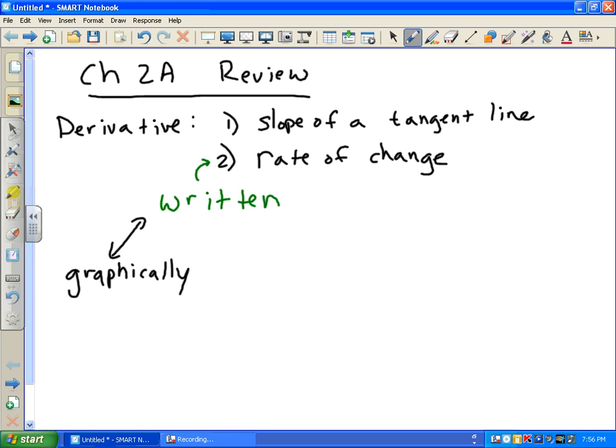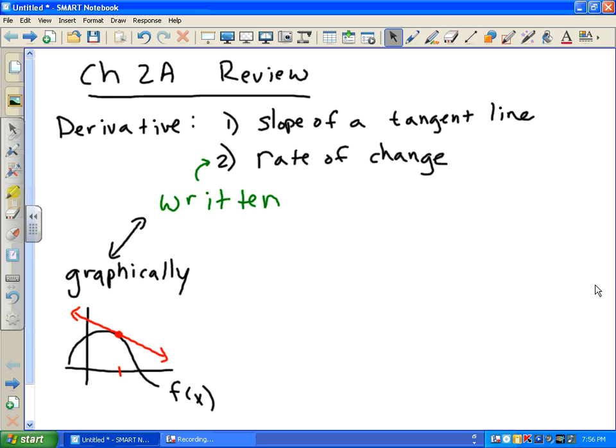We were typically talking about that slope of the tangent line that was previously mentioned. Take a look at a graph, any given curve, f of x. We could talk about the slope of a tangent line at a certain x value. We draw a tangent line and literally find the slope.